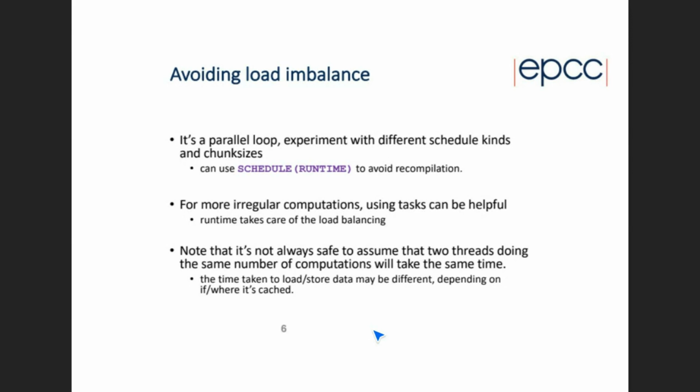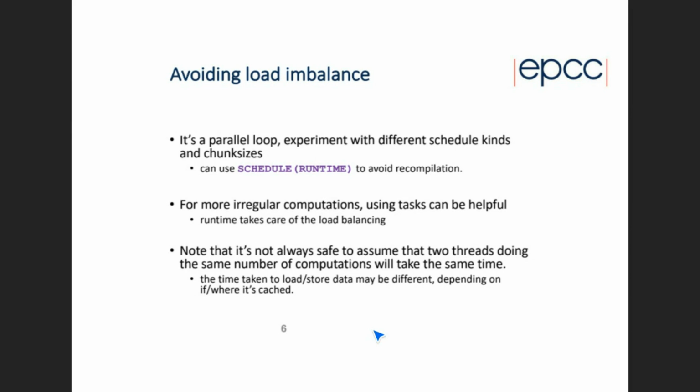If you have multiple layers of parallelism and you have load imbalance at different layers in the algorithm, then using tasks can be the best solution, because it's very difficult to get load balance correct if, for example, you try to use nested teams.